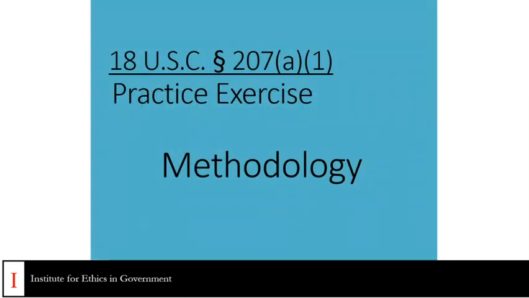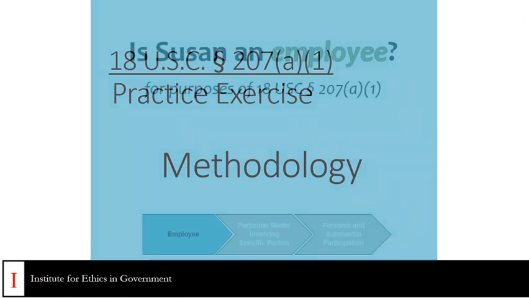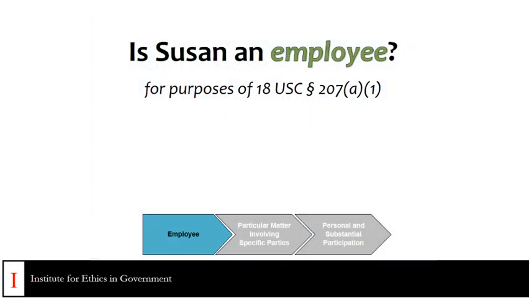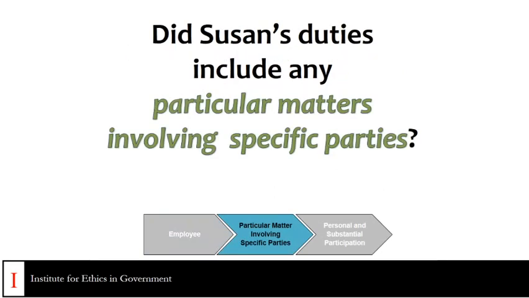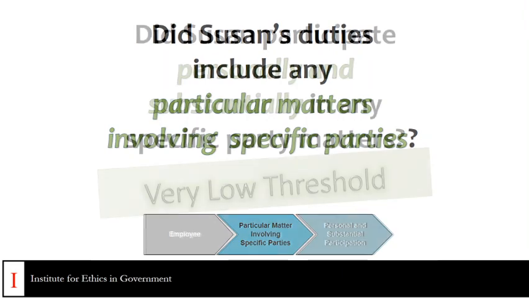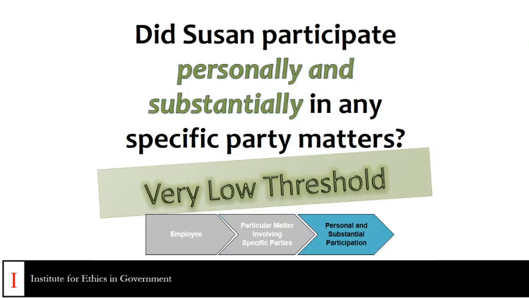The methodology for our practice exercise will be this. We will begin with the question, is Susan an employee for purposes of 207(a)(1)? And then we will go on to ask the next series of questions. Did Susan's duties include any particular matters involving specific parties? And did she personally and substantially participate in any of those specific party matters?